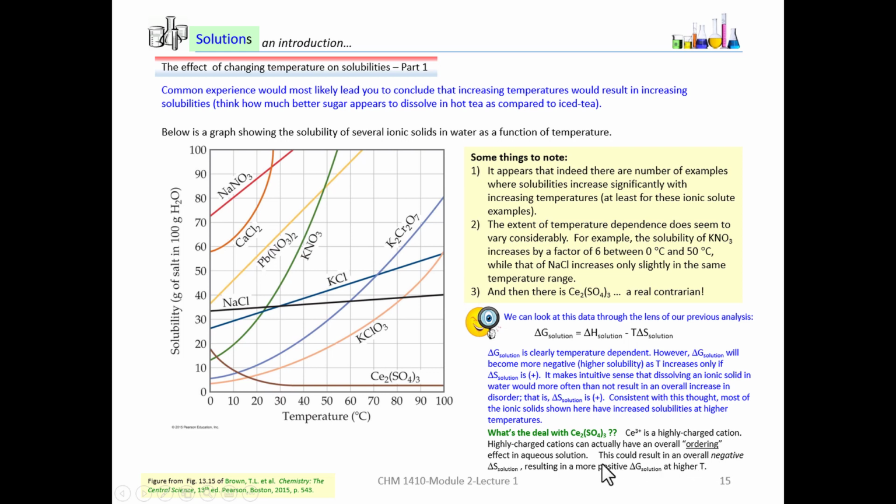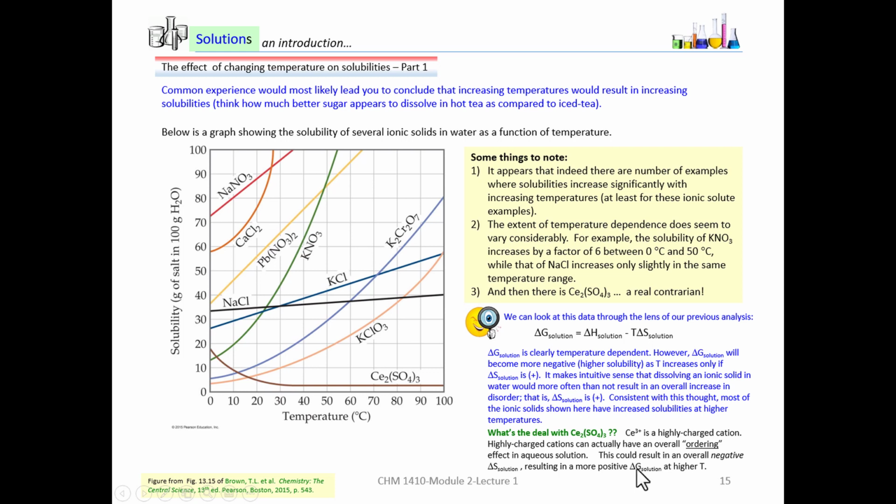In other words, the highly charged ions actually organize the water molecules around them so strongly that when they go into solution, they actually create order. So if this was the case here with cerium sulfate and delta S of solution was negative, then increasing the temperature is actually going to make delta G of solution more positive.